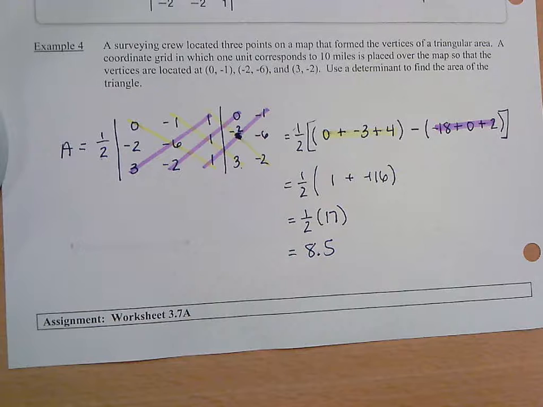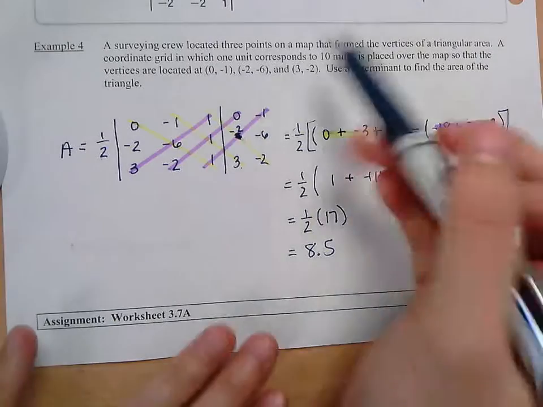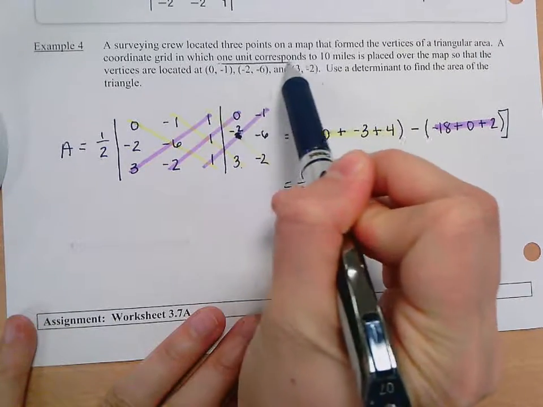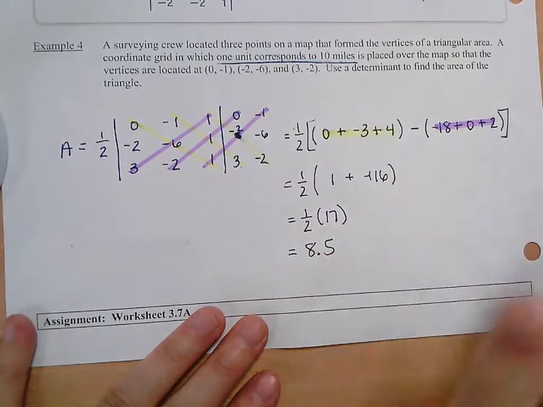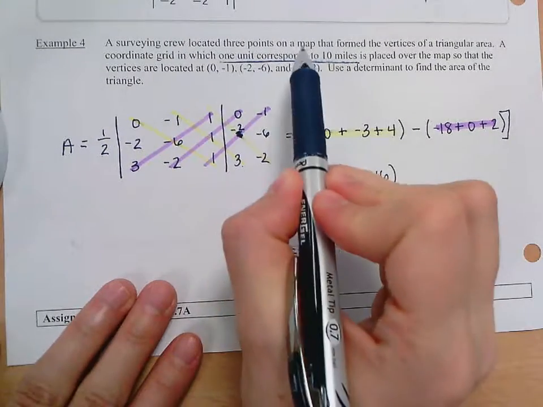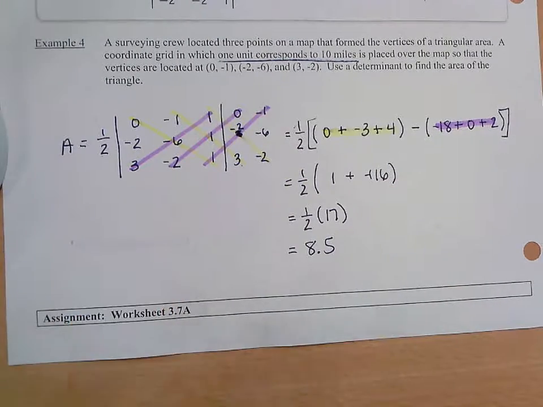Anyone know why that would not be the final answer, Braxton? Yeah, 1 unit corresponds to 10 miles. And I purposely didn't draw attention to that to begin with, because I could have done something at the beginning to take care of that.